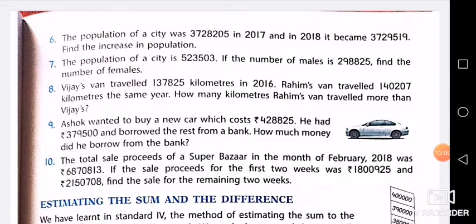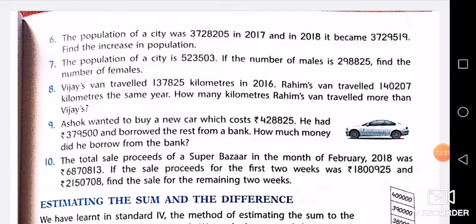Now question number 8 is: Vijay's van travelled 1,37,825 kilometers in 2016. Rahim's van travelled 1,40,207 kilometers in the same year. How many kilometers did Rahim's van travel more than Vijay's?